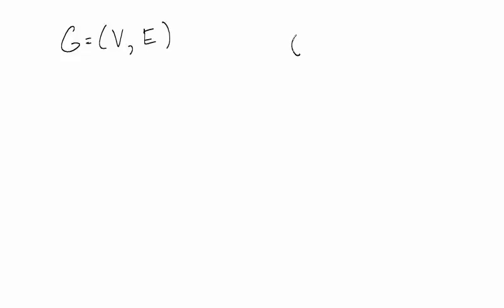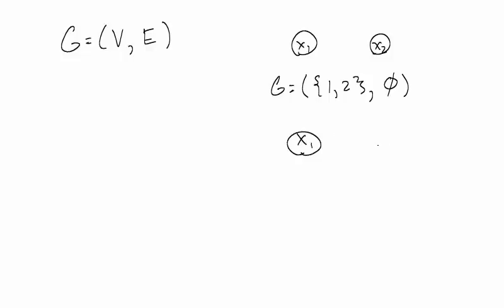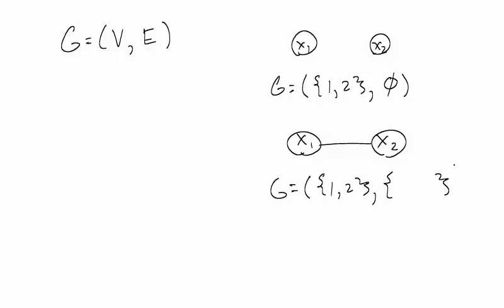So when we had just x1 and x2, the set of vertices is just {1, 2}, and the set of edges is the empty set because there are no edges. And when we had x1 and x2 with a line between them, we still have the vertices 1 and 2, and there's only one edge, which is the edge from 1 to 2.